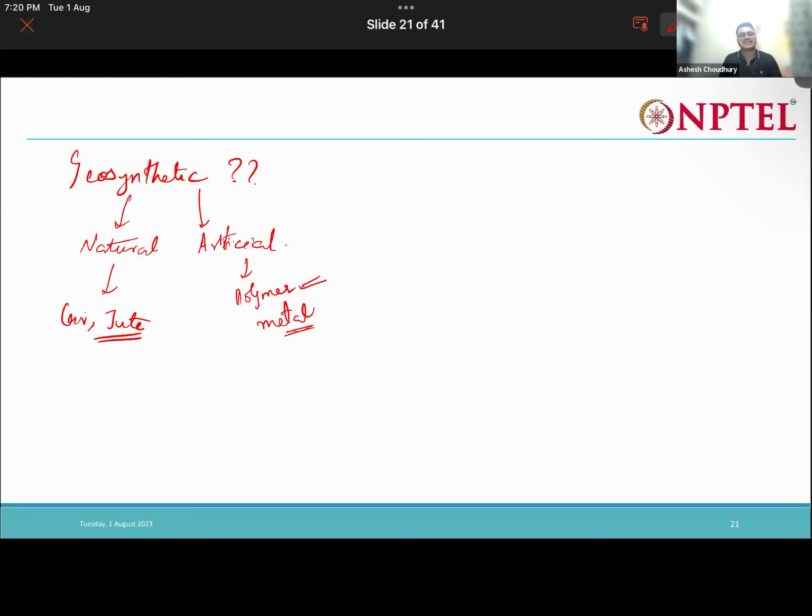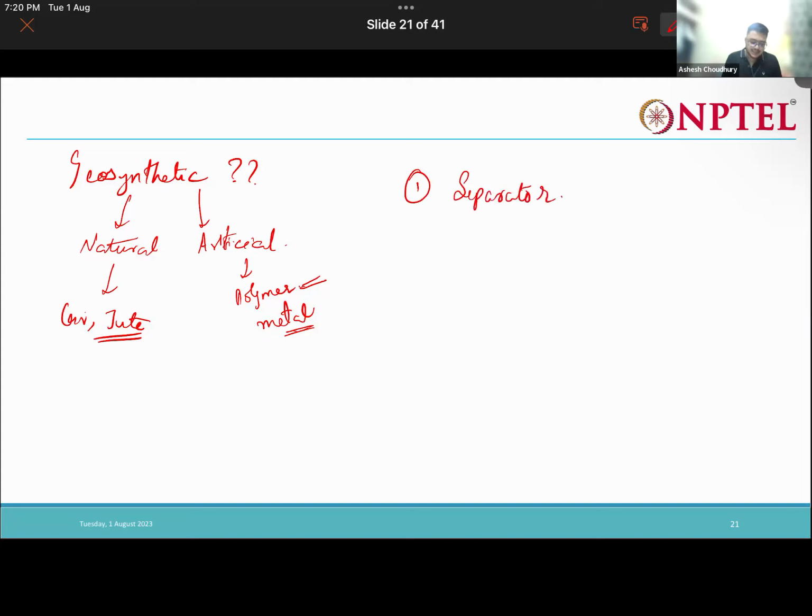Now, first let us revise some of the uses of geosynthetics that were discussed in the lecture. The first thing that was discussed was the separator, right?